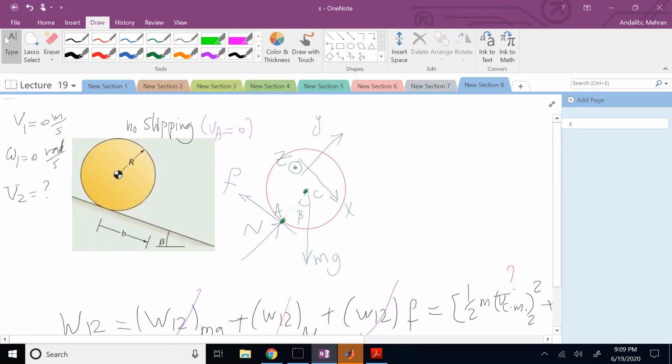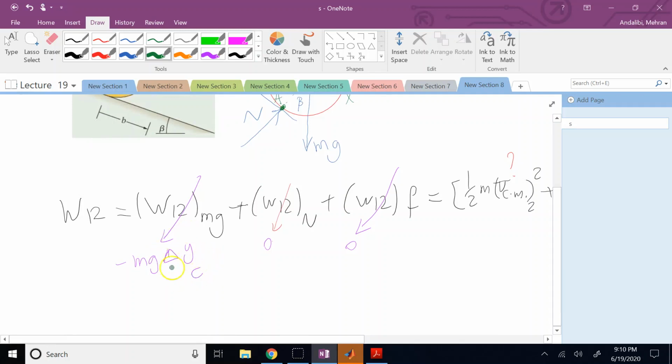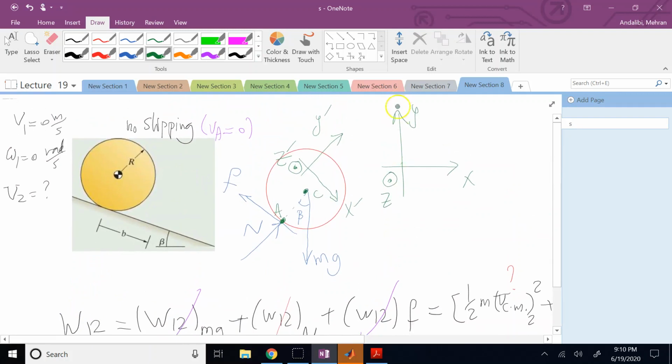So what I recommend you do instead is call these x prime, y prime, z prime, and then I also have my conventional x, y, z. I don't really need this one, so I can use this one in this case. Whenever I refer to y in the formula for work of gravity, y should always be upward.